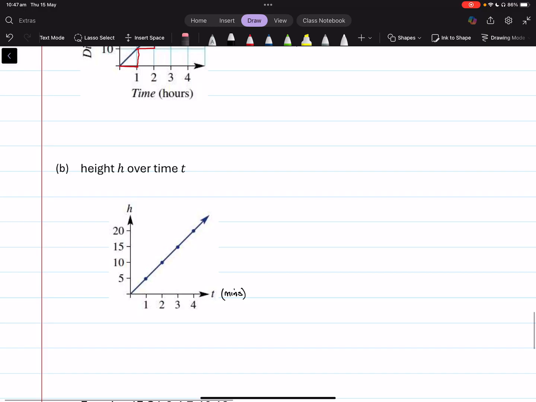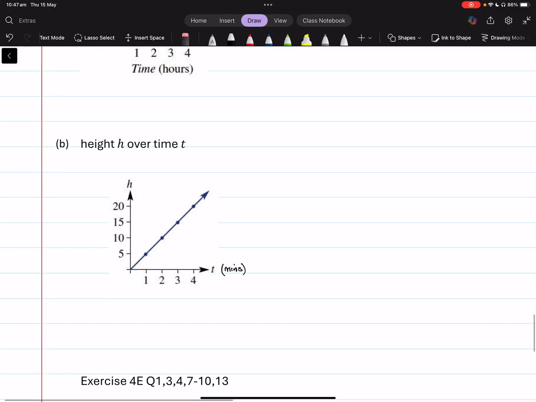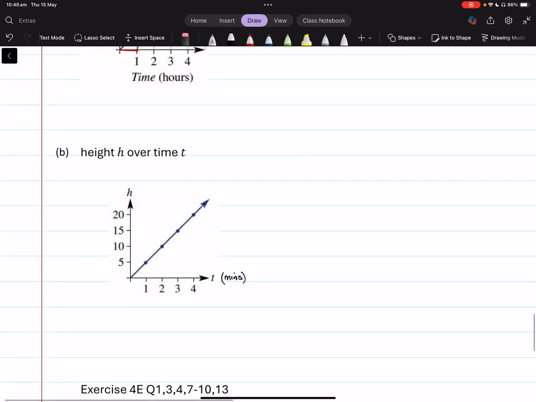In the next question, find the rate of change of height over time. So here you'll notice that every one across we go, we go up 5. So 1 across, up 5, 1 across, up 5, 1 across, up 5. Now, there are no units on the height here, so we're just going to write units because we don't know if it's metres, centimetres, kilometres, or what.